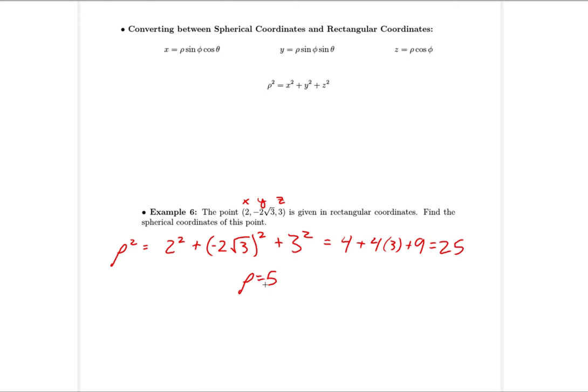Okay. Now let's look up at these other formulas we have to work with. Well, now that I know rho, I also know that I have z, so then phi would be the only unknown here. So let's use that. So 3, my z value, equals 5 times the cosine of phi.